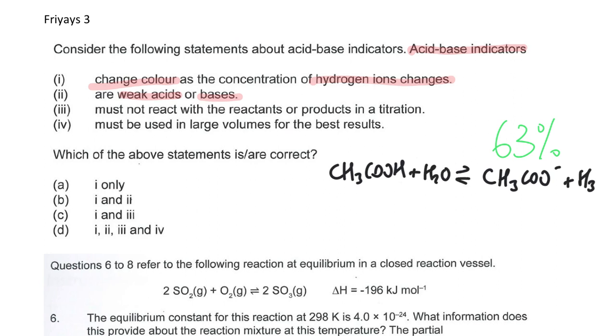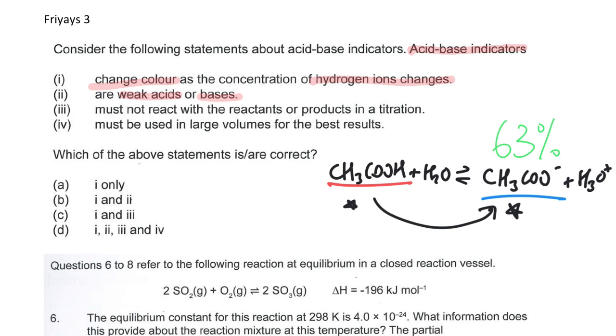But if we said that this one was red and this one was blue, the idea is that the indicator will be like this substance when it changes color. If it changes color from red to blue, this entire system is an indicator. All right, so that's the idea behind it being a weak acid or base.